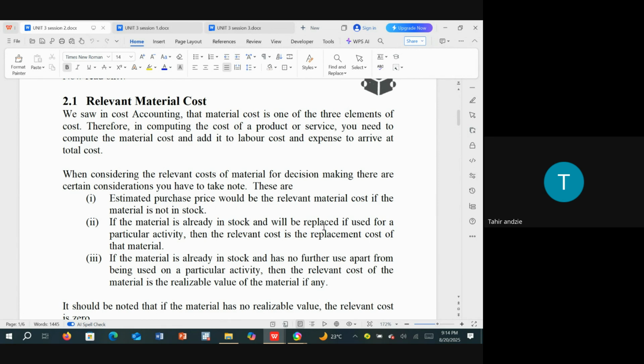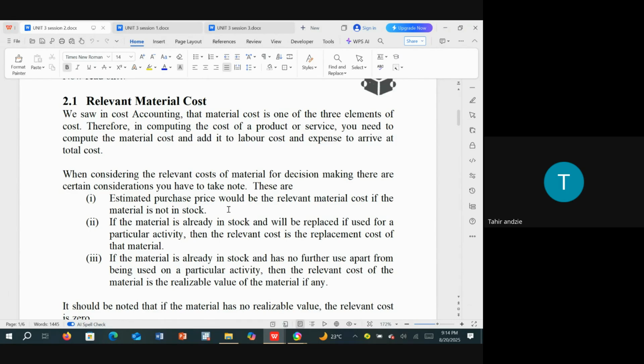First of all, estimated purchase price would be the relevant material cost if the material is not in stock. When we want to produce a particular item and we don't have the material in stock, the relevant cost of the material will be the purchase price of the material.